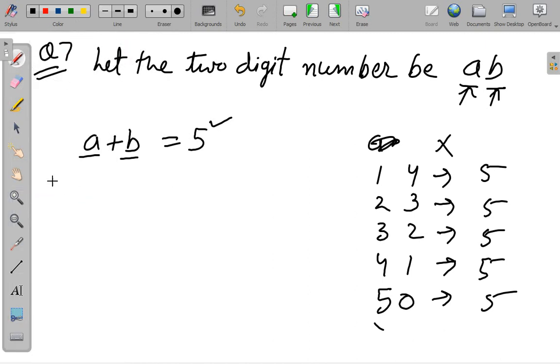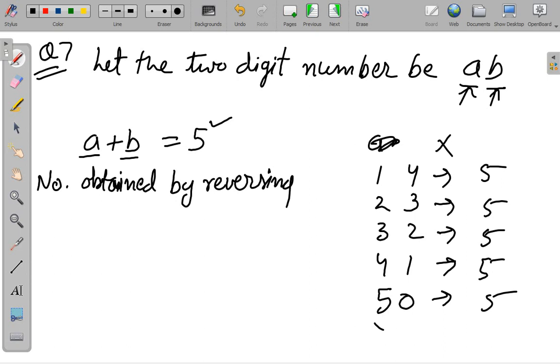Now let us write down the number obtained by reversing the order of the digits. It will be BA.